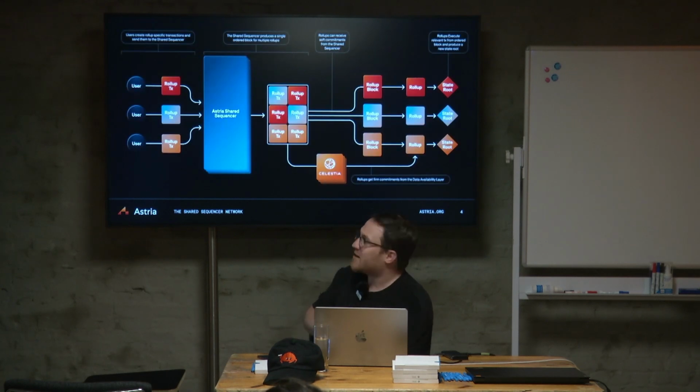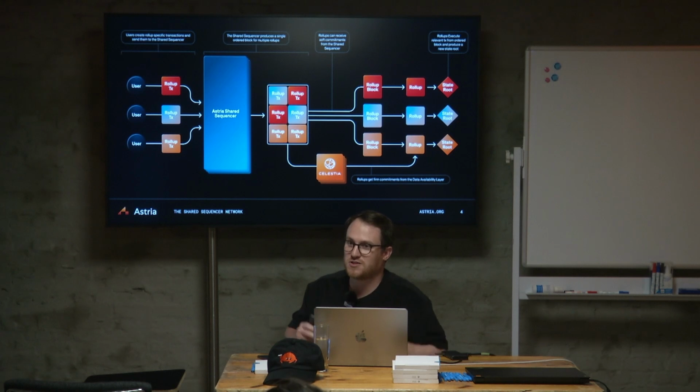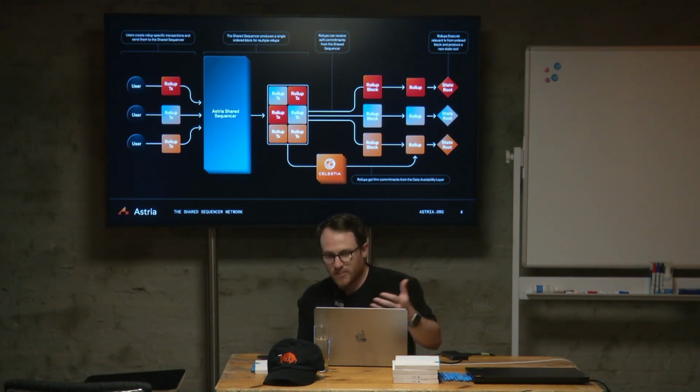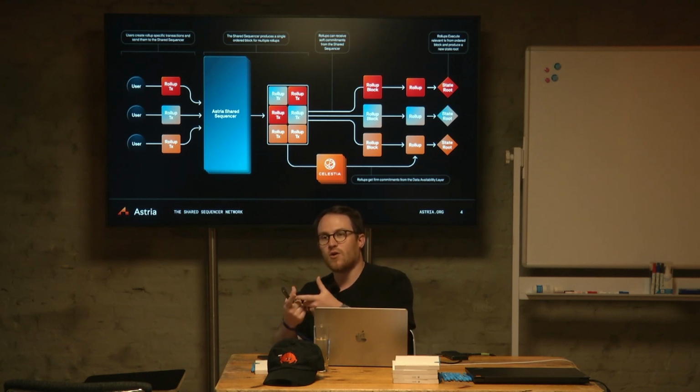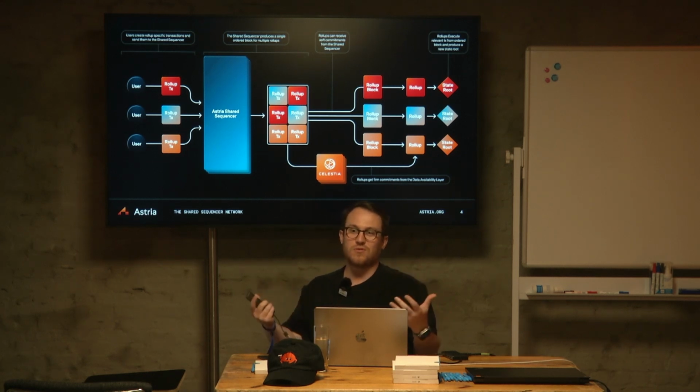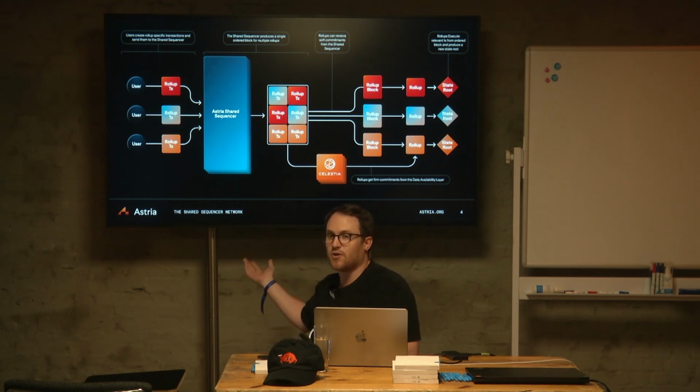And so what does that look like from a diagram flow before we get into software architecture? The Astria shared sequencer exists here. Users can submit their rollup transactions into that. You get this one ordered block because the key on how this works is that we defer execution.